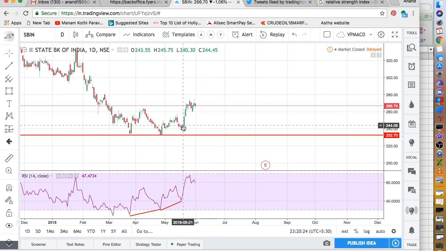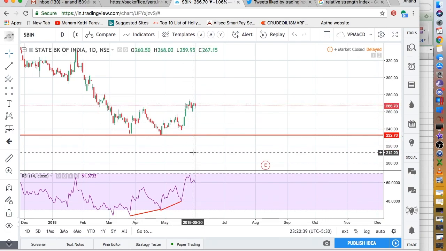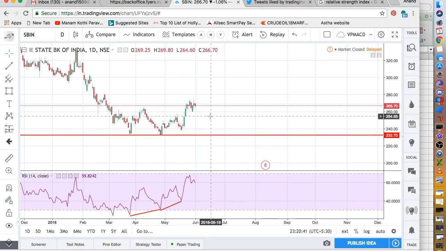You put in your money sometime on 25th, 244, you keep a stop loss, maybe at around 240 on a closing basis, and you let your money run, and if it goes in your direction like this, you make a lot of money.